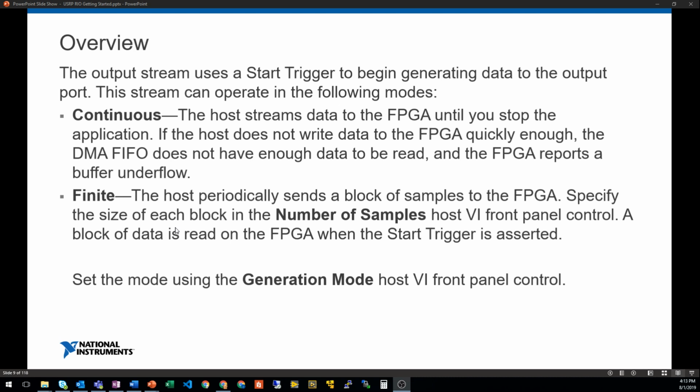It'll send that amount of samples, and then when this start trigger is asserted, we'll start. That's part of the synchronization path that we'll talk about later. But this is the overview of what this project does, so we have a good idea. And then you set the mode using the generation mode host VI front panel control. We'll look at that later.